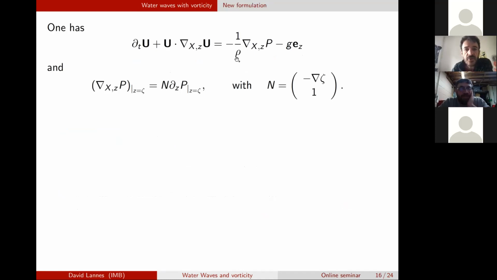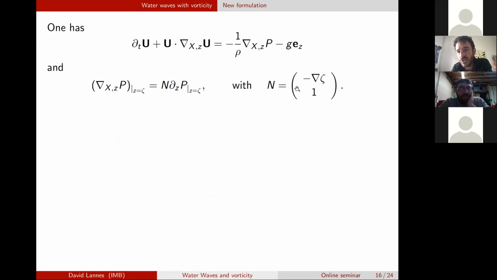What we can do is take the Euler equation, which is this one, and remark that the gradient of P at the surface is actually proportional to a normal vector. Why? Because P is constant at the surface, so the tangential derivative of P is equal to 0. There is only a normal component, and so n is proportional to dz of P.